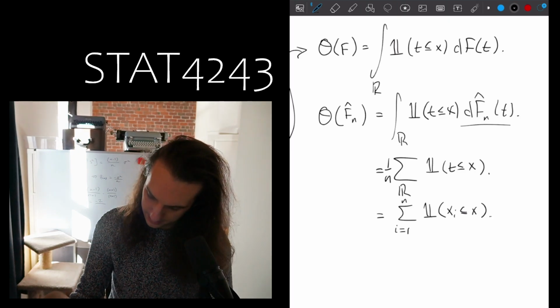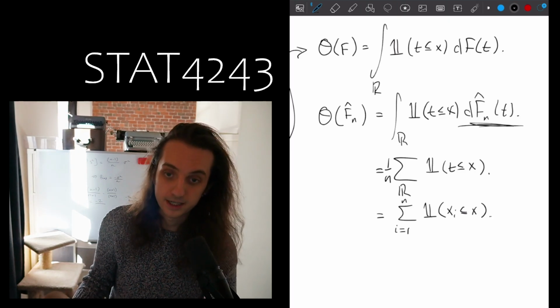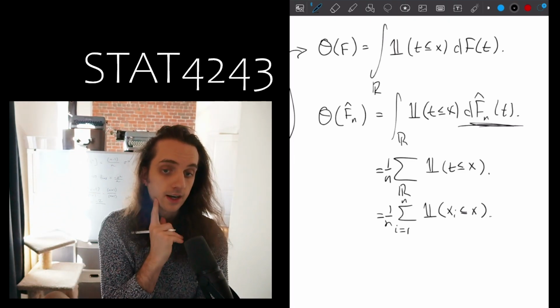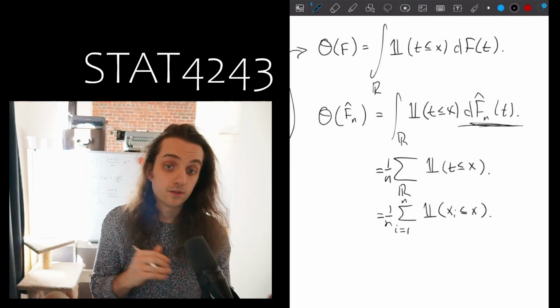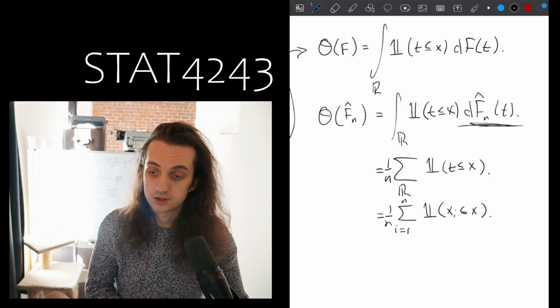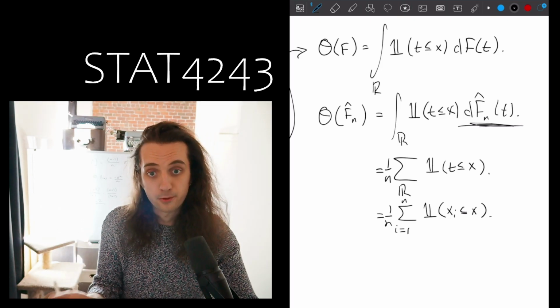And sorry, the important thing is that because the mass function here is 1 over n, I should have included my 1 over n here. So this is moving from discrete to continuous or continuous back to discrete. We can always write integrals as summations or vice versa.